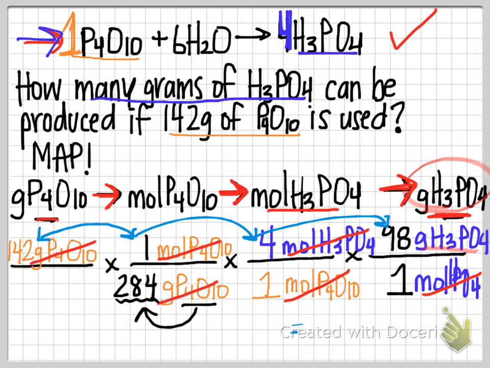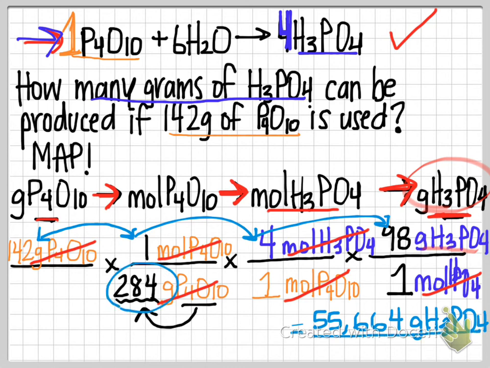That is going to give us 55,664 grams H3PO4. Remember we need to divide by 284 times 1 times 1, which is just 284.